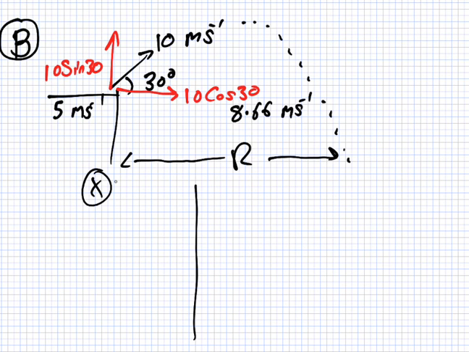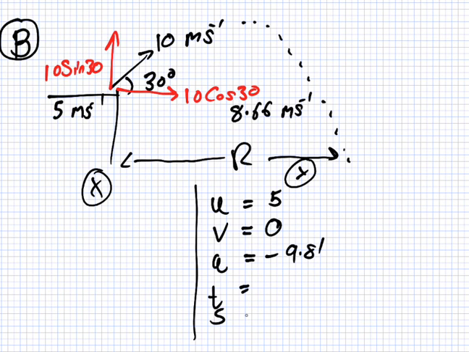X, Y. Okay, U, V, A, T, S. The U, what is it? 5. V, don't know. A, we're looking vertical, minus 9.81. T, don't know, and S, this is still 10 meters.